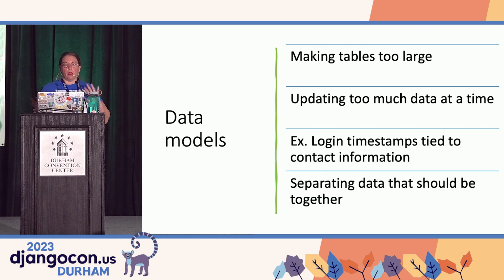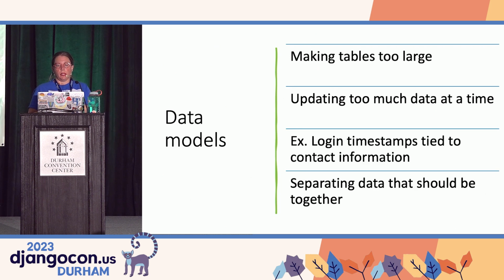Another idea to take away is your data modeling. I can't give you an hour-long talk on data modeling, but a couple of helpful tips: keep your tables small. Don't create tables where you're updating tons of data at a time.